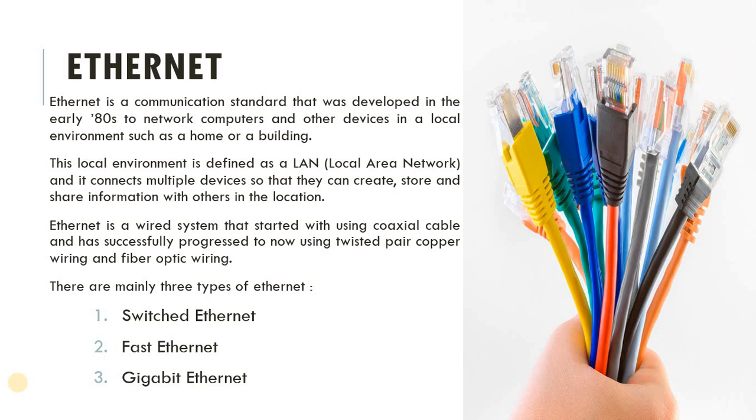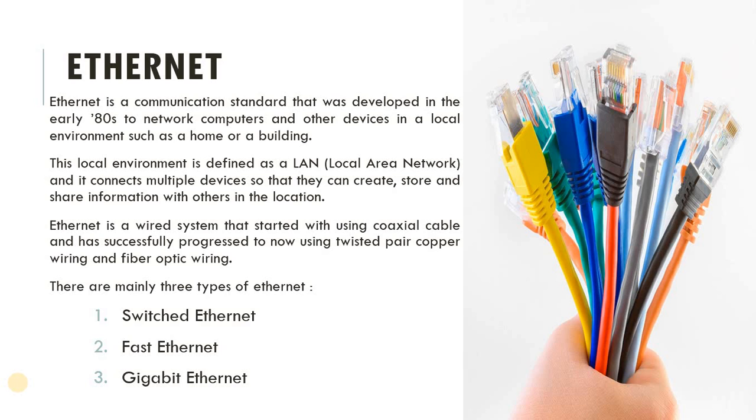Ethernet is a wired system that started with using coaxial cable and has successfully progressed to now using twisted pair copper wiring and fiber optic wiring. So here Ethernet is a data link layer protocol for transmission. We are basically using the Ethernet protocol for the local area network.